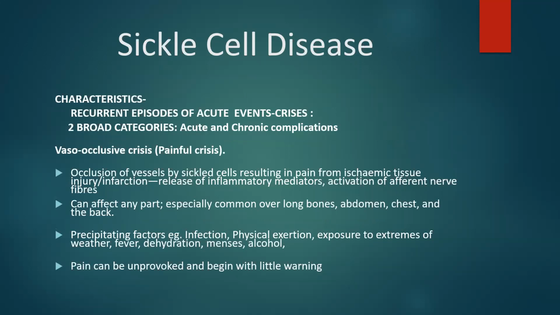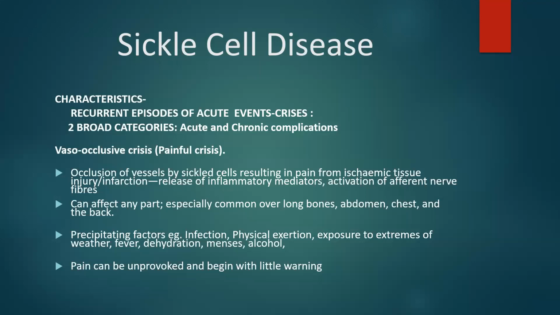This actually happens when there's an occlusion of vessels by the sickled cells, resulting in pain from ischemia. It happens mostly in long bones. The abdomen may also be involved, and the chest also.